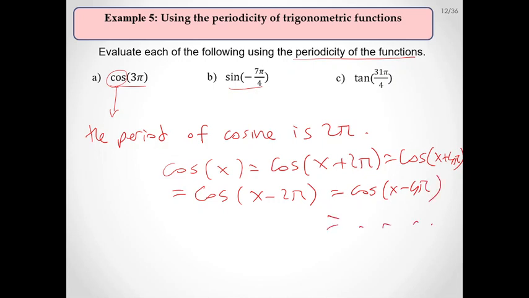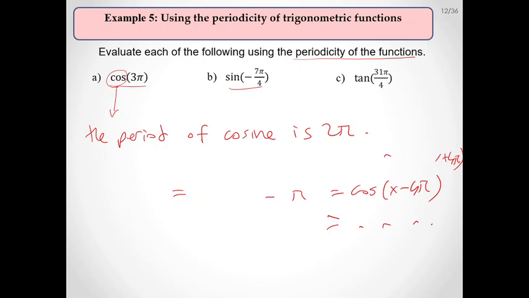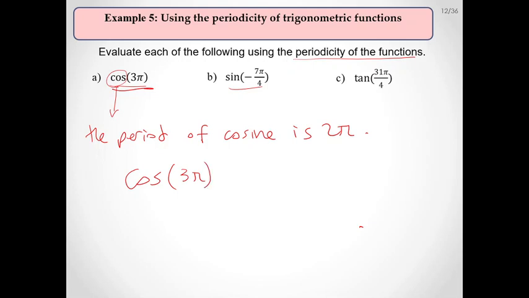In this case, you will decide what to do, like subtracting 2 pi or its multiples, or adding. Which one is useful, you have to try. Now look at here, cosine 3 pi. I want to bring it to an angle I can deal with, I mean, one I can solve.